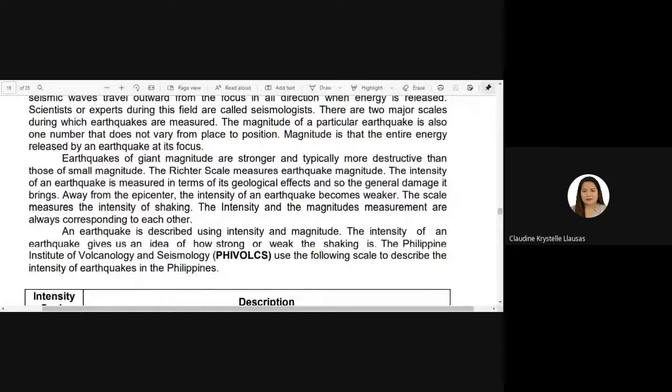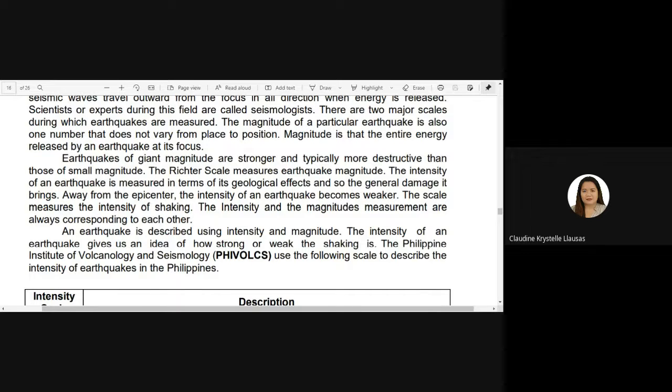So, aside from magnitude, gitawag nato nga intensity. So, the intensity of an earthquake is measured in terms of its geological effects and the general damage it brings. So, mabase ang intensity sa gakahitabo sa palibot, especially sa mga lugar nga dool kung asa ang epicenter. Okay? This measures the intensity of shaking.